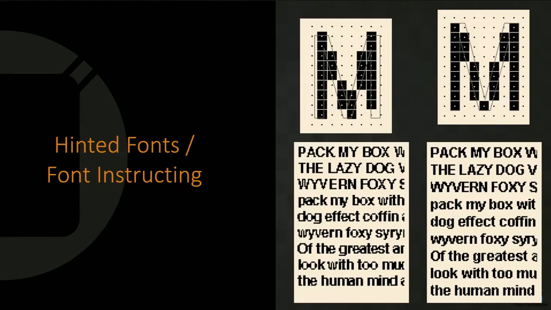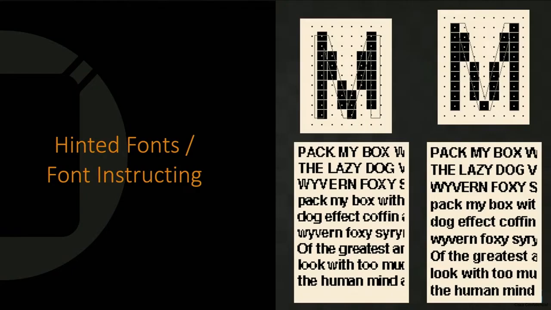Hinted means it'll tell the renderer, hey, shift this bit to the left or to the right so it looks better on the screen. And to do this, fonts have bytecode inside of them that basically describes the calculations on how to place those pixels when rendering them.